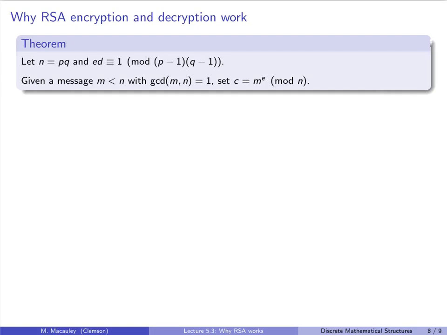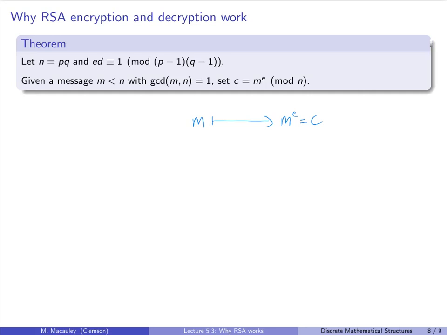Next, suppose that we have a message, m, which is an integer less than n, relatively prime to it. In other words, it's not a multiple of p or q. And set c to be equal to m to the e mod n. So c is the ciphertext. It's the encrypted message. In other words, if we start with m and we encrypt, we get m to the e, which is equal to c.